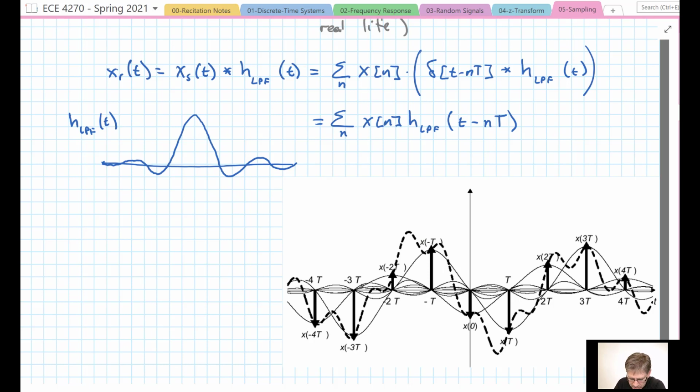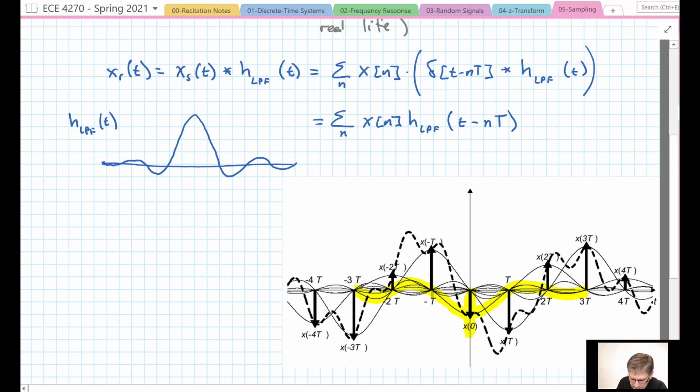You can see we have these arrows indicating x of 0, x of 1, which is now in the continuous time domain x of t, and so on and so forth. At each one of these, we have a sinc function that we have copied into there and added up.